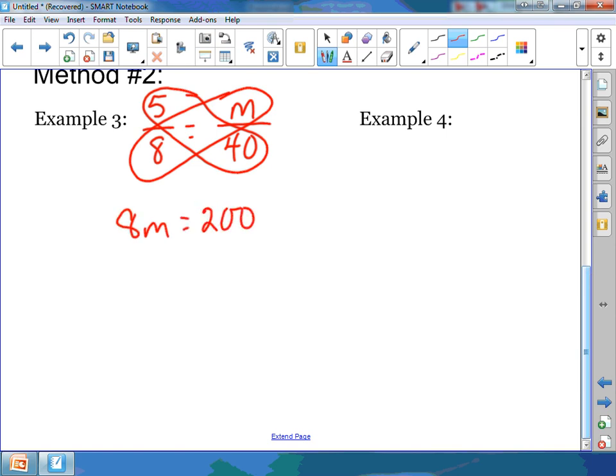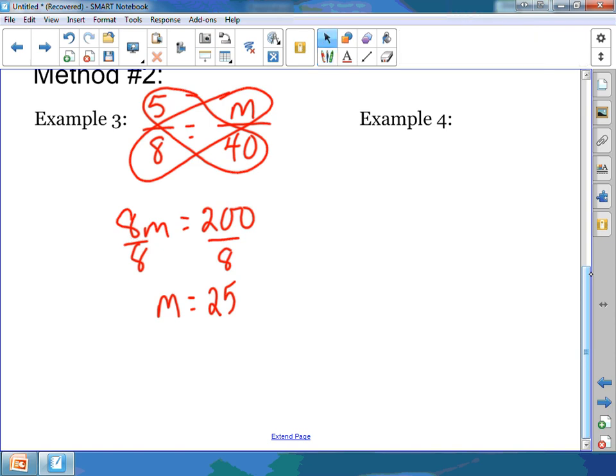So what do you do with 200 here, Leah? Yeah, it's a one-step equation. You divide it by 8. And you're going to see that you get m is equal to 25 going that route too. So when you're doing the cross product way, I don't need to see this. I don't need you to write out the equation unless you want to, but that's not something I'm checking. But that's what cross product means when you do it that way.